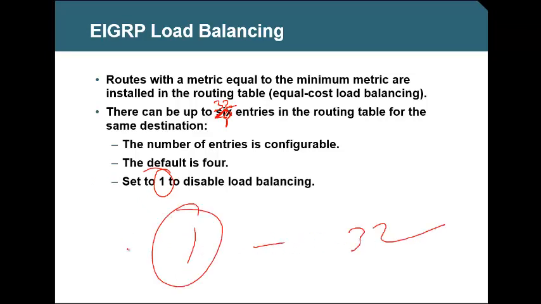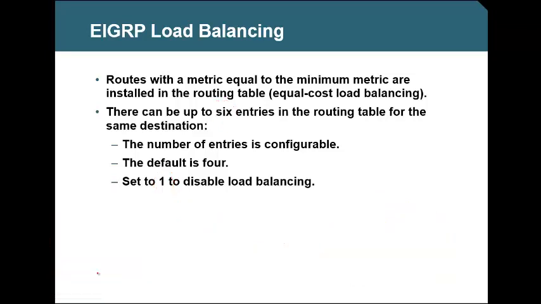If you say 32, you can have up to 32 paths for the same destination if the metric is similar, which is equal cost. For unequal cost, if you change the variance, then you can have up to 32. If you want to cancel, you need to set 1 to disable load balancing. So with this we stop here.